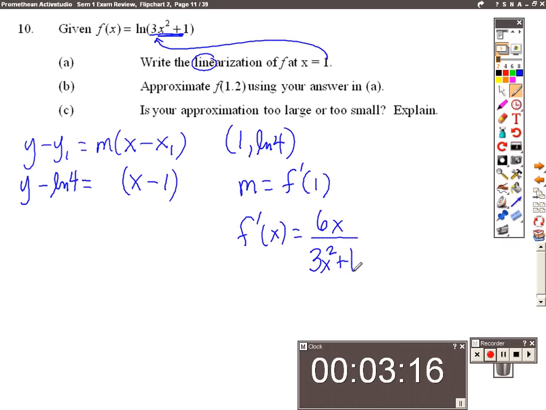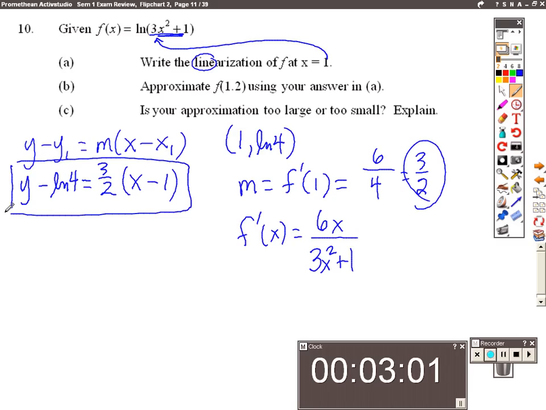We're going to evaluate that at 1, so we will get 6 over 4, which is 3/2. So that is the slope of my tangent line. So I'm just going to come and substitute that back in place of m. And that is the linearization. That is the equation of the line tangent to the curve of ln at that point.